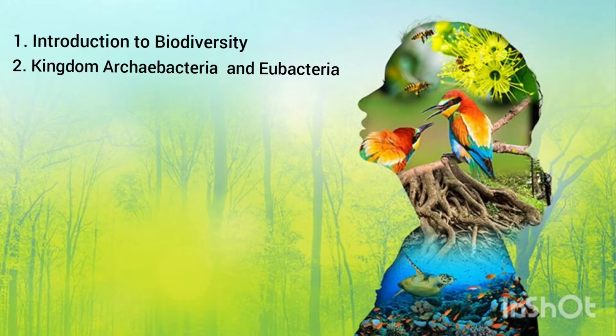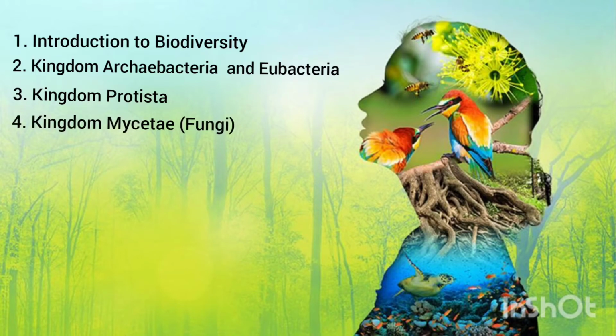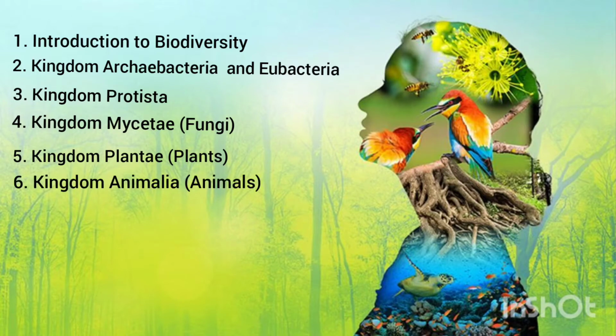The third video is all about the diversity of protists. The fourth video is about the kingdom of fungi. The fifth video will discuss the diversity of plants. And finally, for the sixth video, we will talk about the diversity among the kingdom of animals.